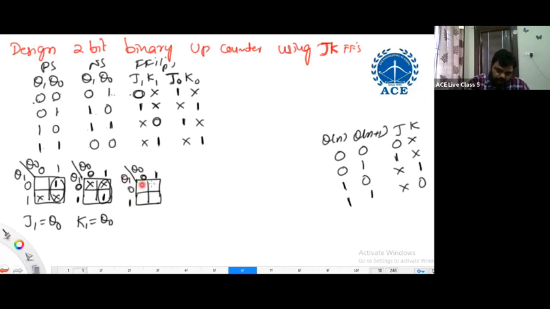For J naught, what is it here? 1 don't care, 1 don't care. Then it is a 1. J naught is 1. Either min terms or don't cares only. Then again here it is Q1 Q naught, 0 1 0 1. Again what is it here? Don't care 1, don't care 1. Again K naught is also 1.